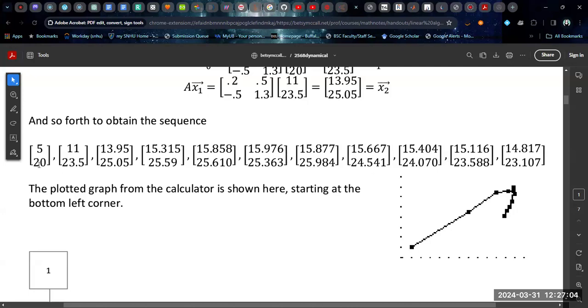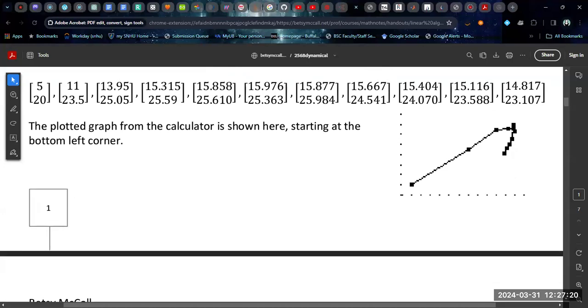Likewise, the second population also starts increasing up to a point right here, and then it also begins to decline. And so if we plot these points in sequence, then we get this graph shown here, where we're jumping from point to point, x0, x1, x2, x3, etc., following the dots.